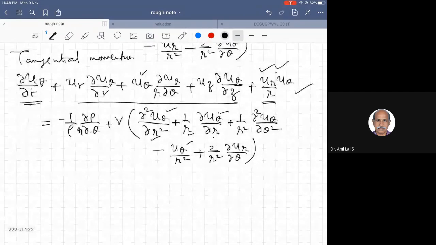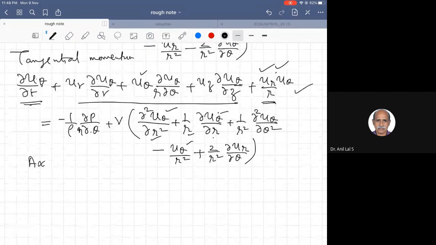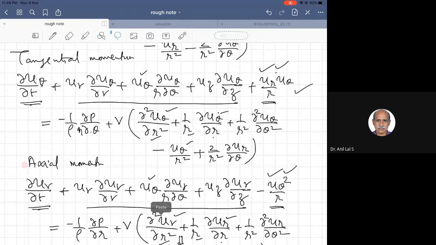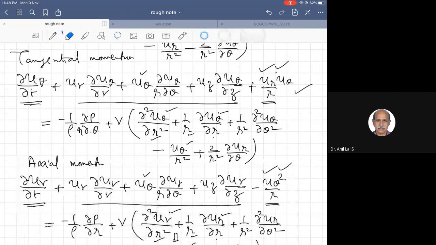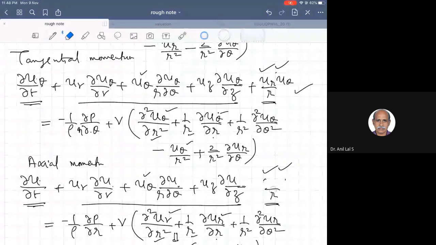Then the axial momentum equation is straightforward. It will not have all these extra terms, since nothing corresponding to them is there.